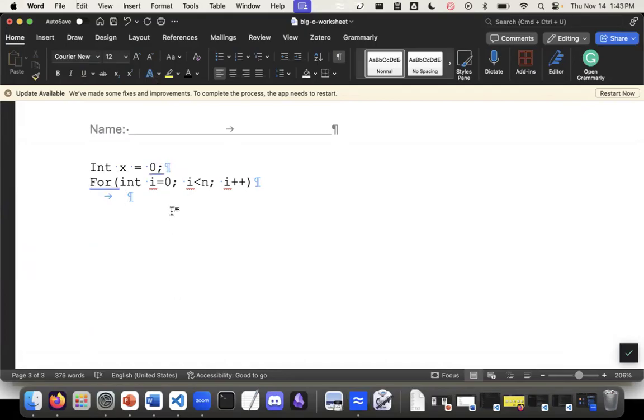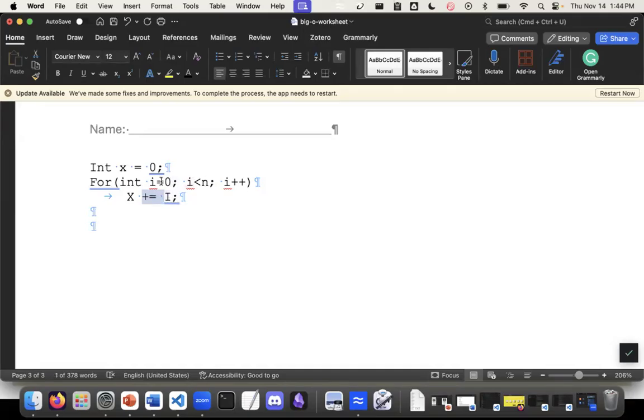Then we're going from i equals 0 up till i equals n. And at each step, we say x plus equals i. Word auto capitalizes it, but you get the idea. I would say this is a good candidate for the operation, an assignment. And so we count how many times this happens.